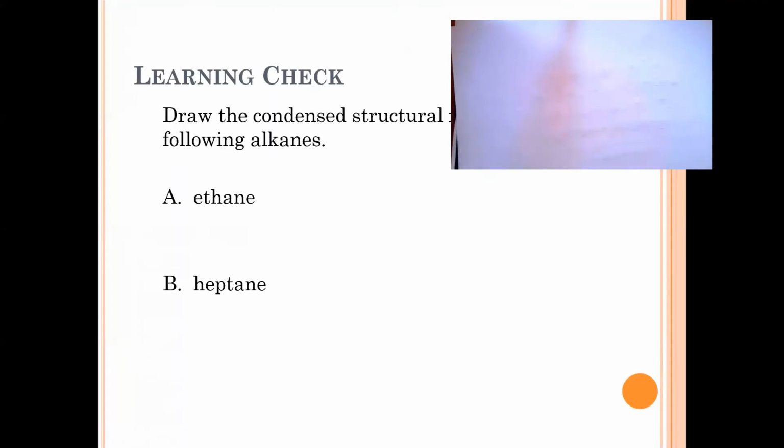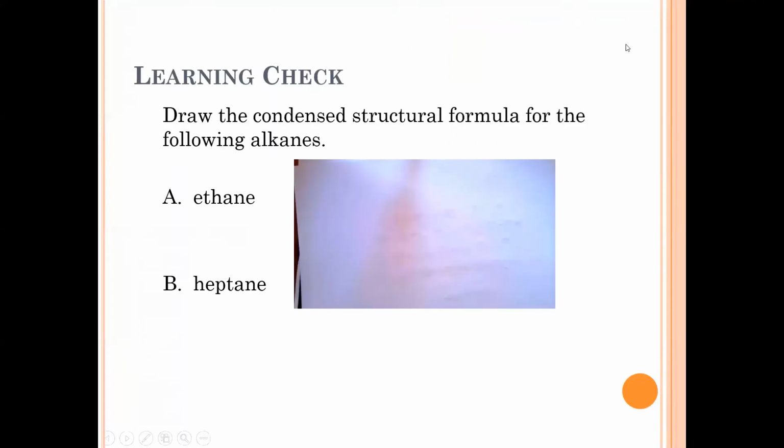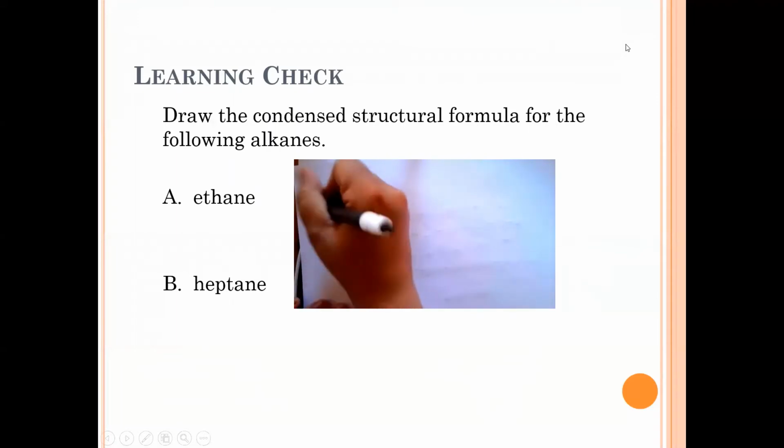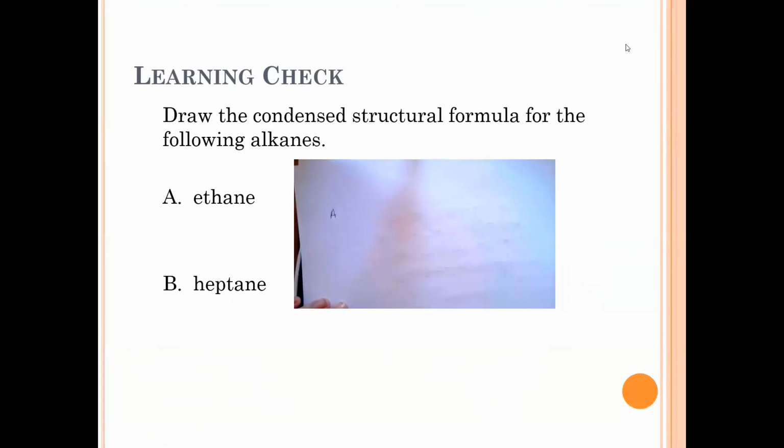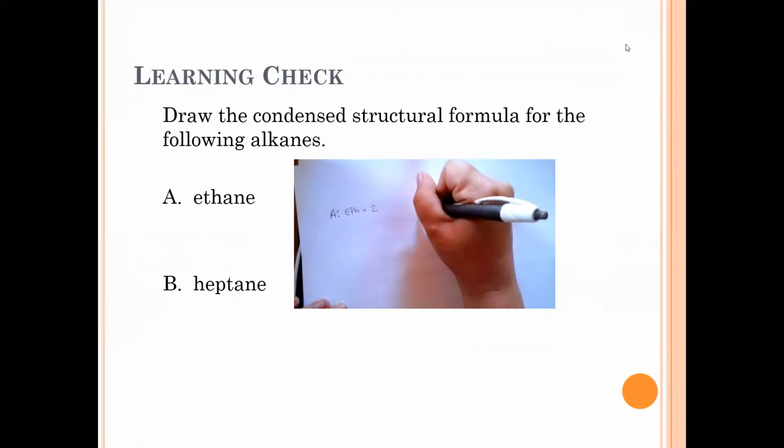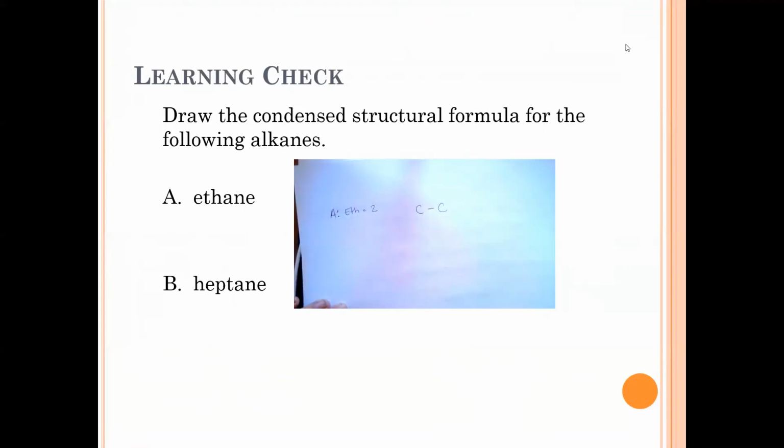We have ethane and heptane. So for the first one, A is ethane. In ethane, eth means 2. Ane equals single bonds. So we're going to go 1, 2 together. And then you would just have to fill them in.